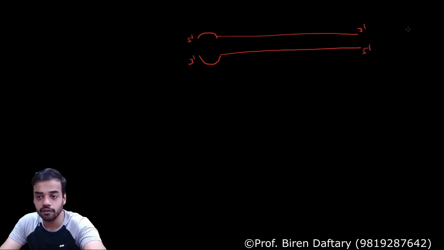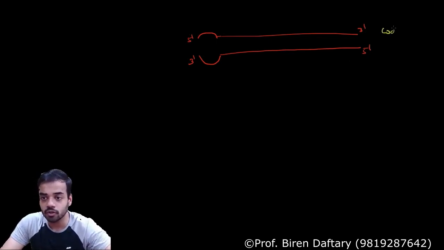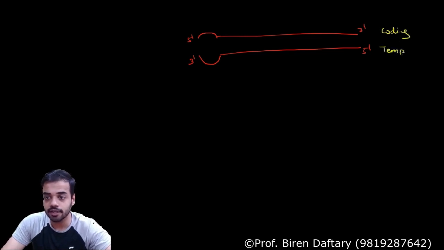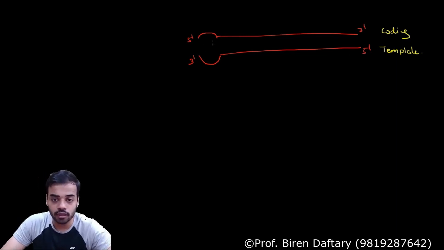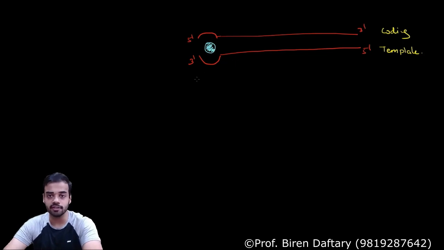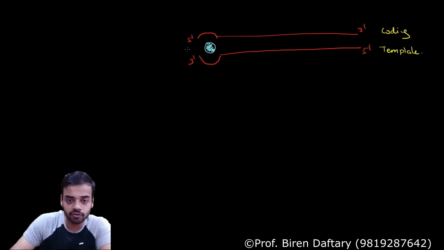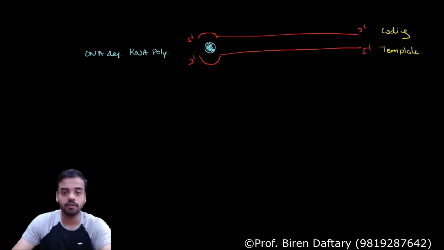If you want, I will write down over here, this is coding and this is template, correct? Now over here I am going to show the RNA polymerase, DNA dependent RNA polymerase. So that I have shown like this. Is that clear? If you want, I can write down over here RNA polymerase DNA dependent.